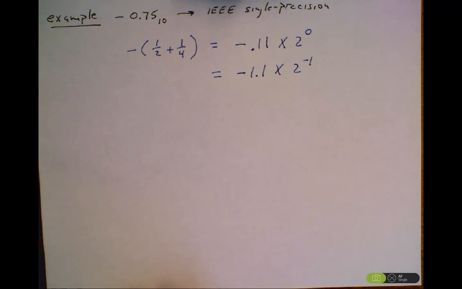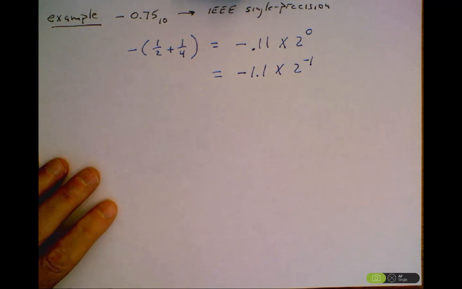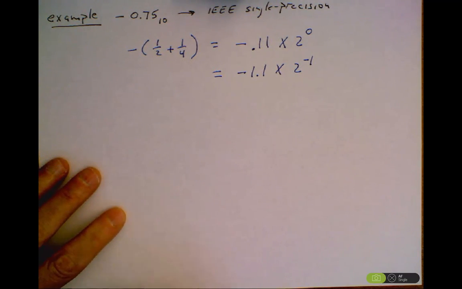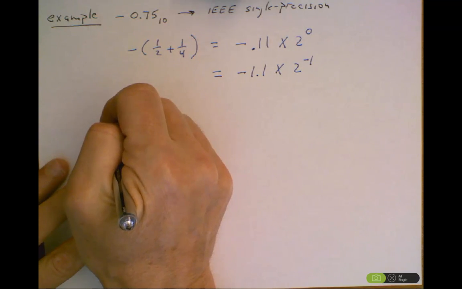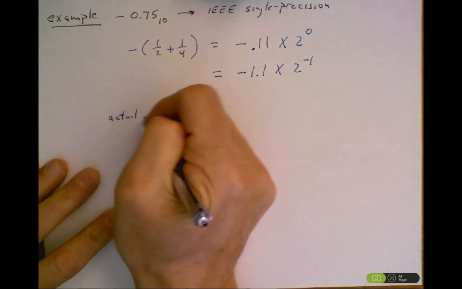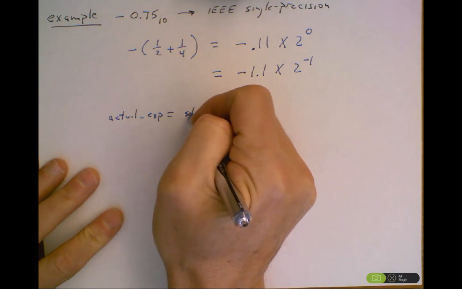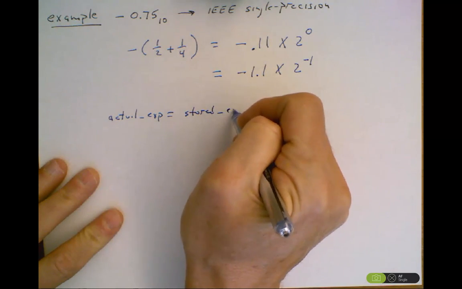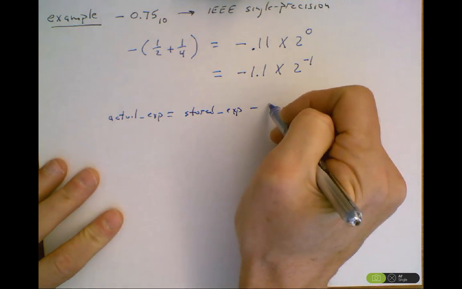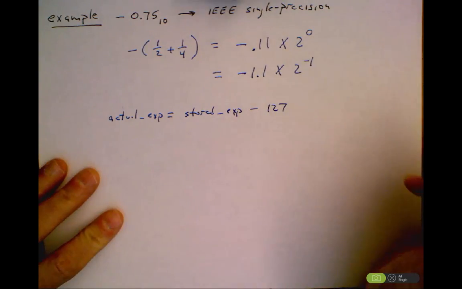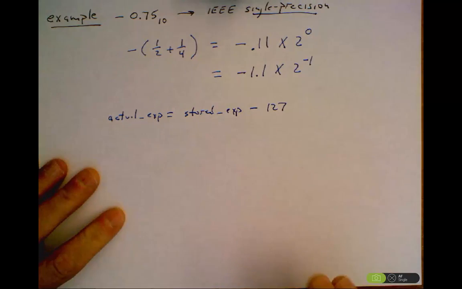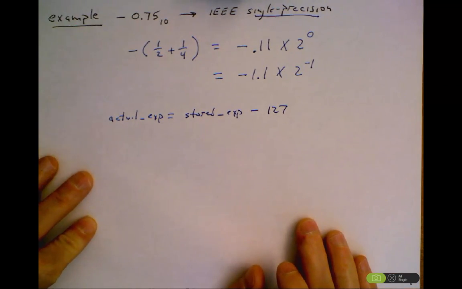Now I should be ready to figure out what the exponent is. In this case, remember the actual exponent is the stored exponent minus 127, because I'm doing single precision, and that's the bias amount for single precision.